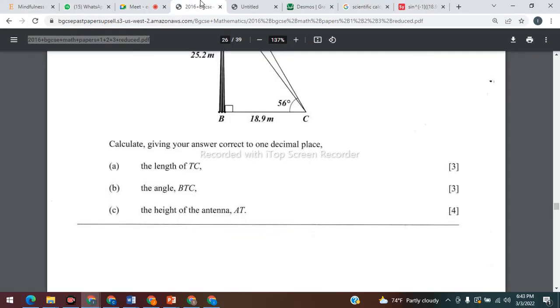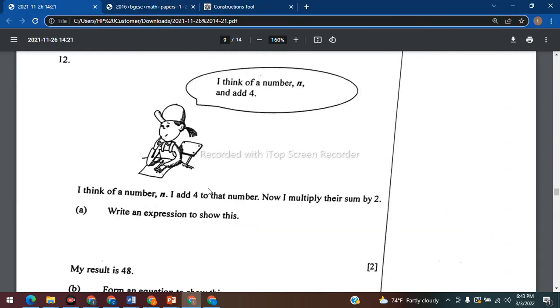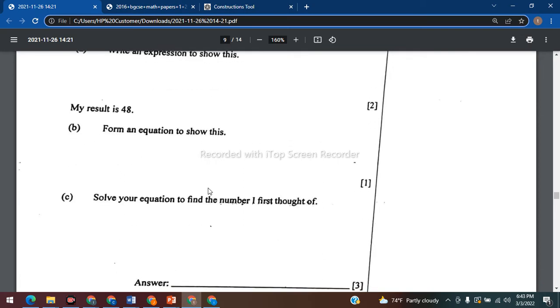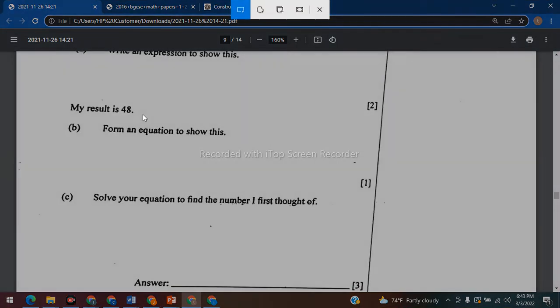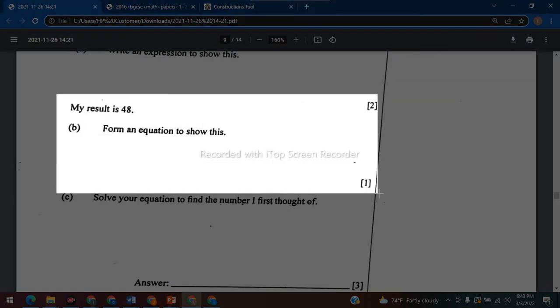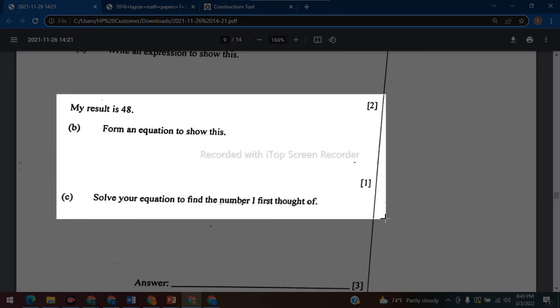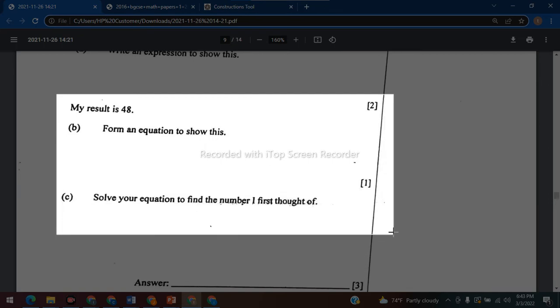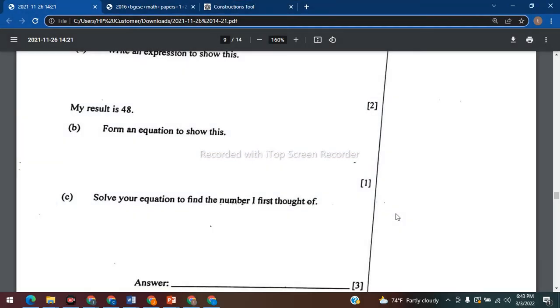Next up is: my result is 48. Form an equation to show this, and then solve the equation. Define the number I first thought of.